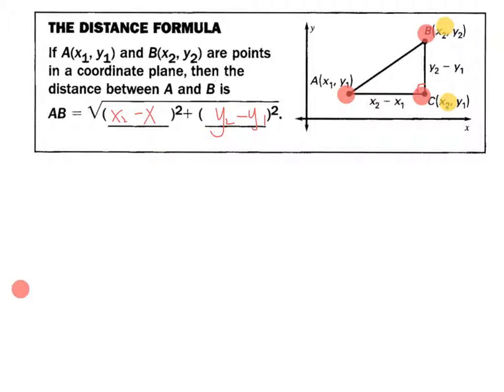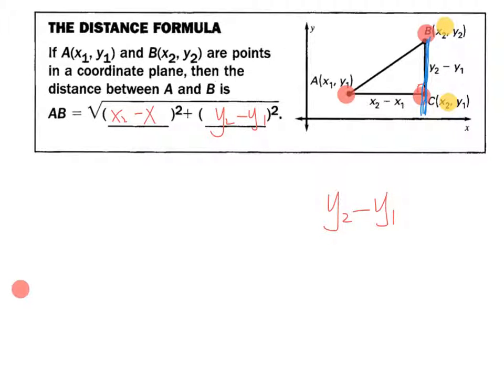Now, why is that? Let's start with y. y2 minus y1. If I use the blue line, y2 is the y coordinate for point B, which is my blue line. That represents the length of y2.